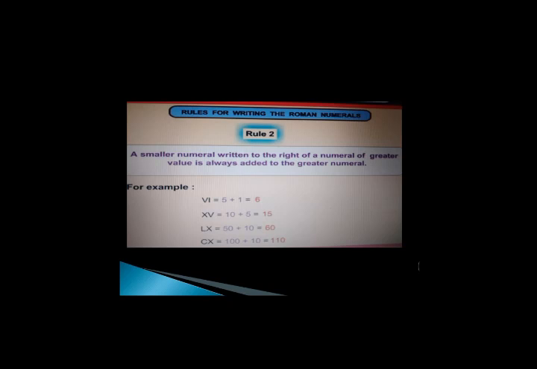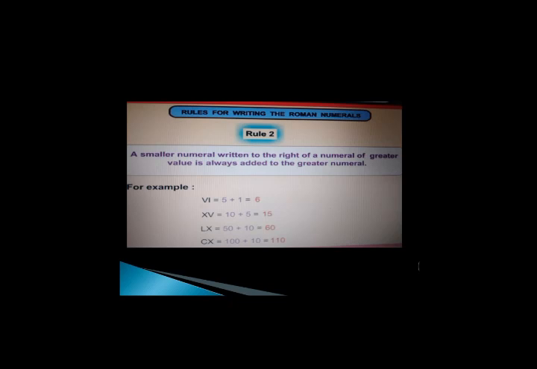So 1 is smaller than 5, means I has the smaller value than V. So as it is placed at the right side of the greater value, it will be added. Like 5 plus 1 equals 6.